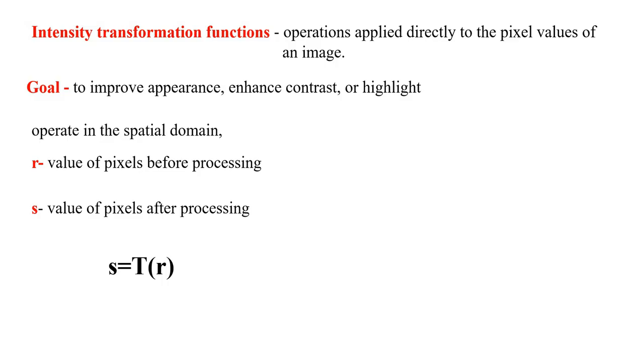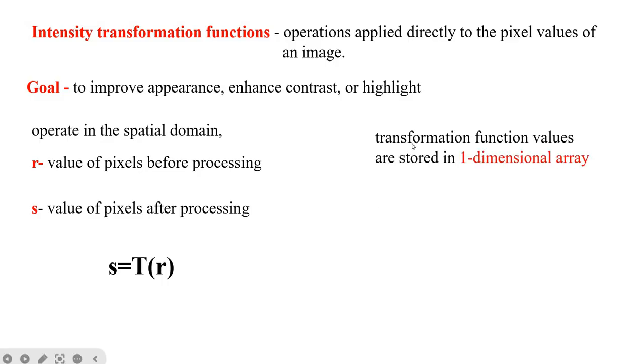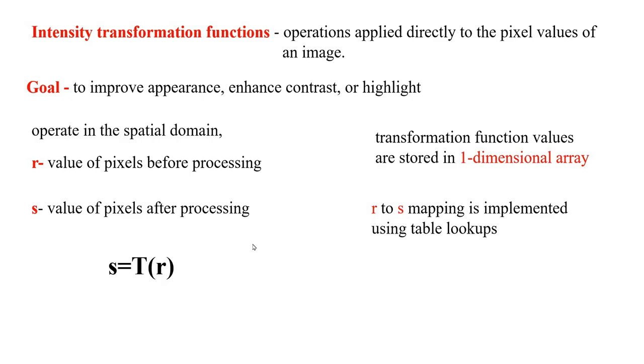Now here, as we are dealing with digital quantities, the values of the transformation function are stored in a one dimensional array, and the mapping from r to s is implemented with the help of table lookups.